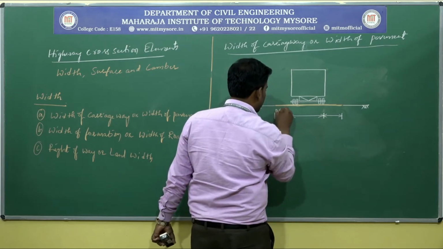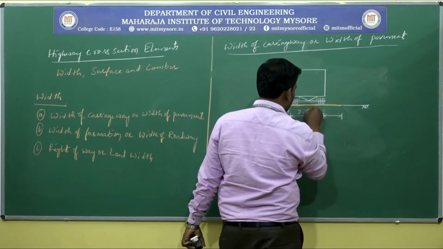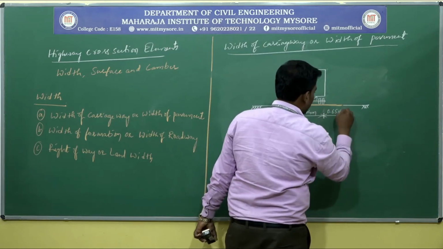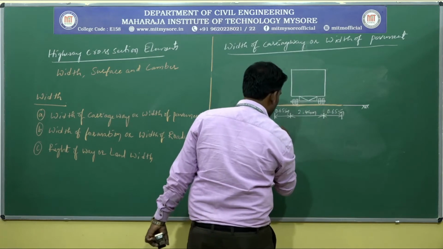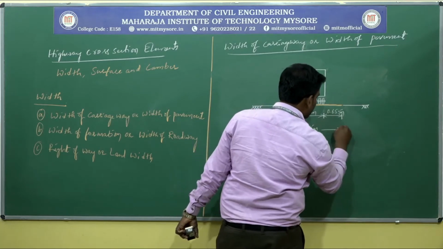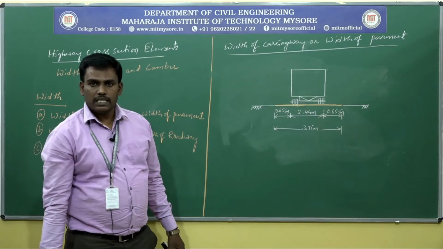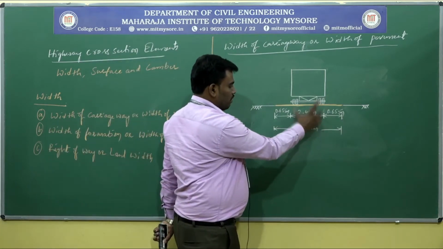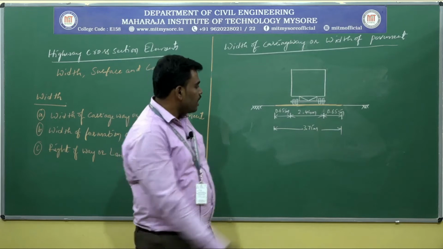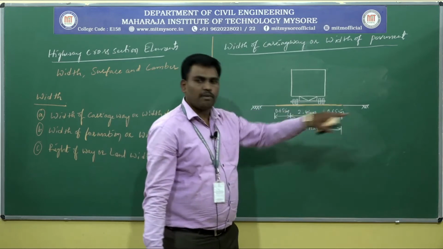This is 0.655 meter side clearance, and the width of vehicle is about 2.44 meter, and this side also 0.655 meter is our side clearance. Totally it's about 3.75 meter. This is the lane width for single lane road. See here, 2.44 meter is the maximum permissible width of a vehicle as per Indian Roads Congress, and the desirable minimum side clearance for single lane traffic is 0.655 meter on either side.